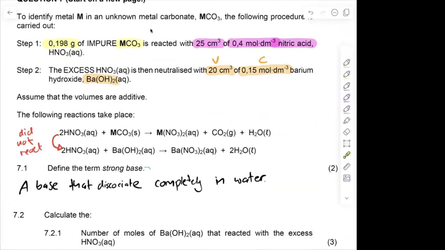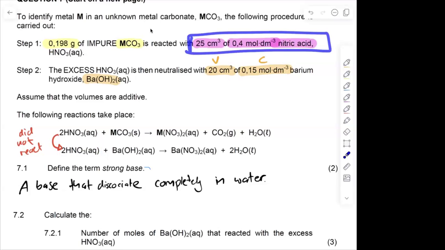We figured out something very critical. We figured out how many moles of our HNO3 we had at the start of step 2, meaning we figured out what was in excess, right? Now, to figure out how much reacted, we say, well, how much did I have in the beginning? So I was told I've got this much in the beginning. So I've got my original amount.